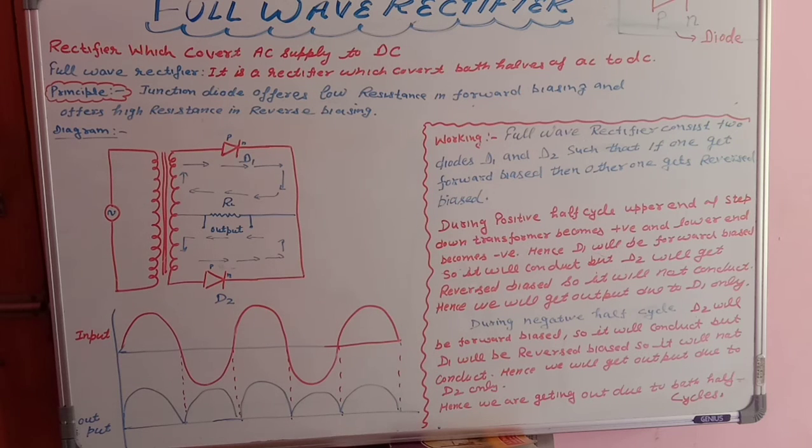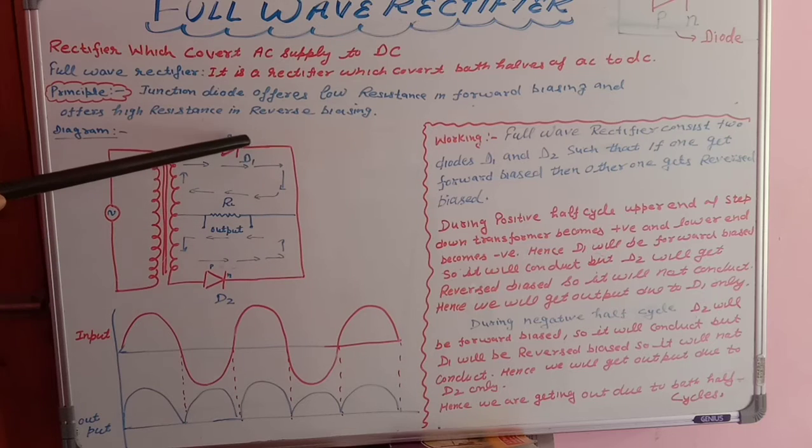Okay, now what happens, students, during the positive half cycle, means whenever we are taking the upper half cycle? During the positive half cycle, the upper end of the transformer will be positively charged and the lower end will be negatively charged. Positive is connected with P, means positive is connected with positive.